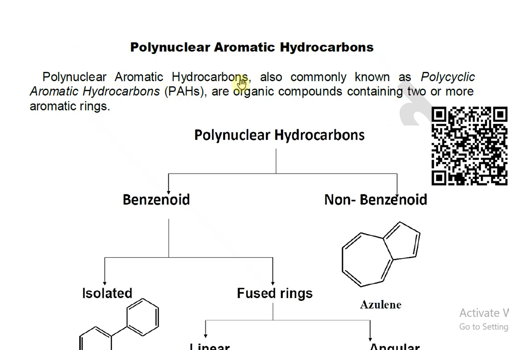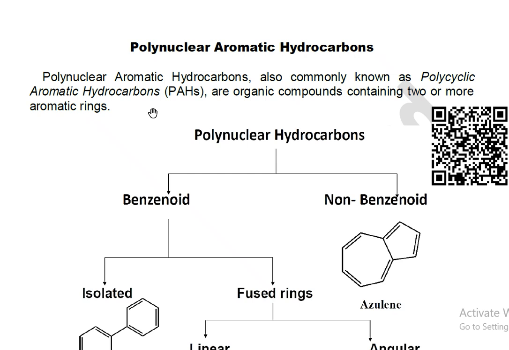Polynuclear aromatic hydrocarbons, also known as polycyclic aromatic hydrocarbons, are organic compounds that contain at least two aromatic rings, two or more.